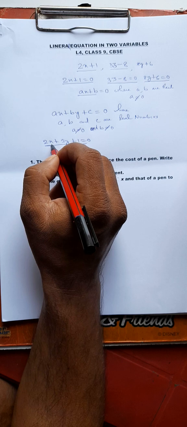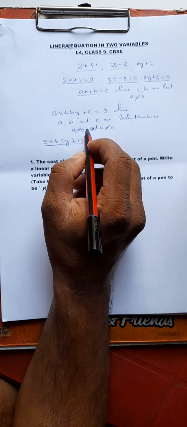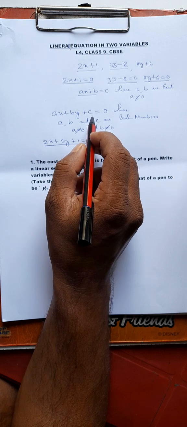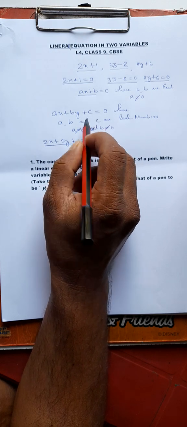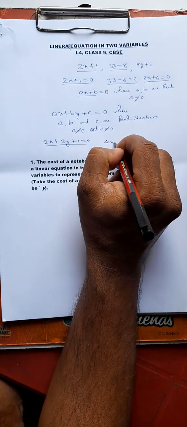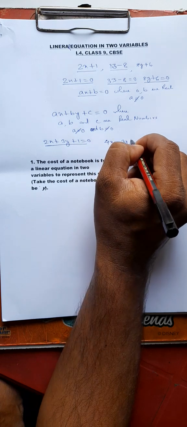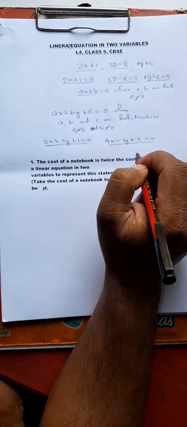Here, coefficient of x is 2, coefficient of y is 3, and the constant which doesn't contain variable is 1. Similarly, 4x minus 3y plus 5 equal to 0, linear equation in two variables.